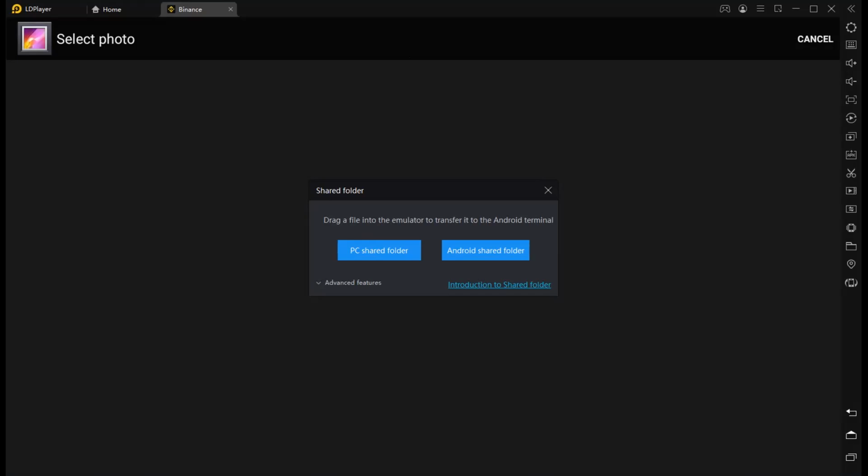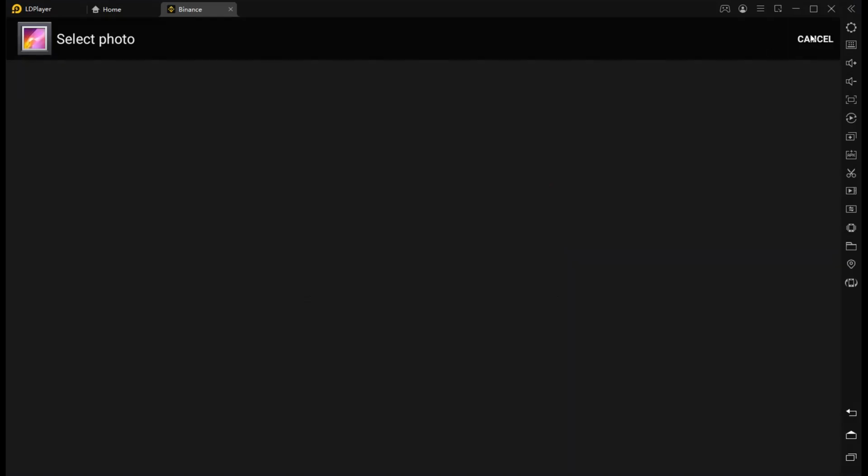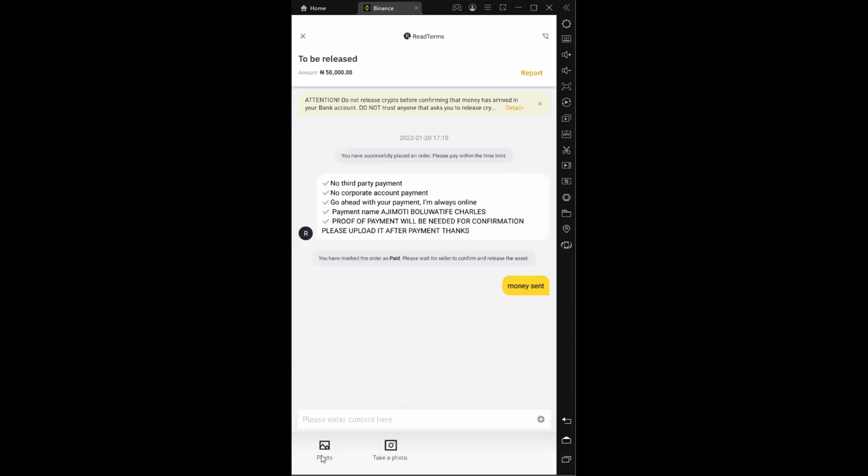Someone is asking, since we are to look out for people with high trade records, how do I sell my coin as a beginner? If you are selling your coin as a beginner, your trade record won't show. The people you are seeing there have an advert on their account. They created an ad to show that they want to sell or buy crypto.